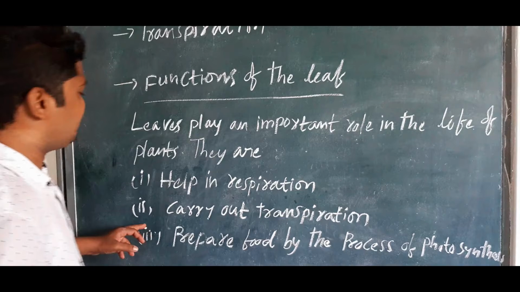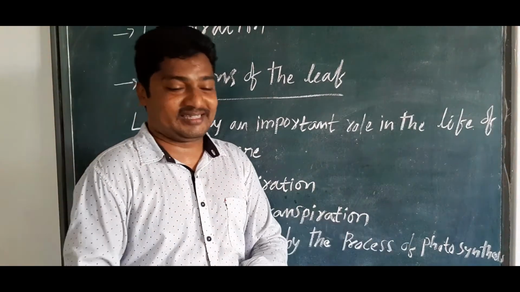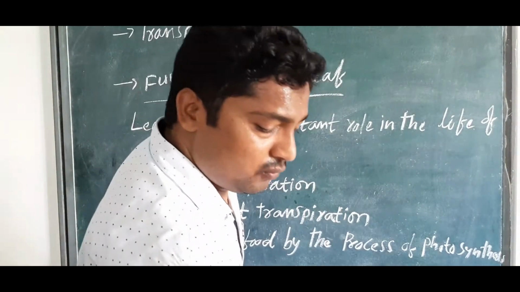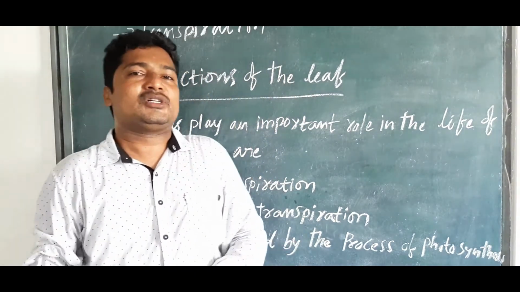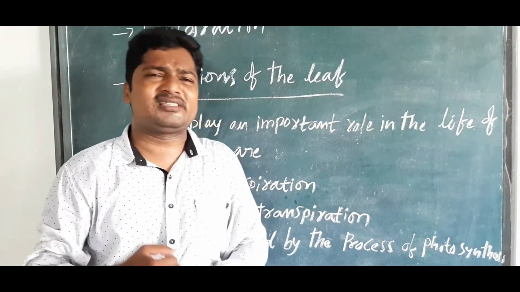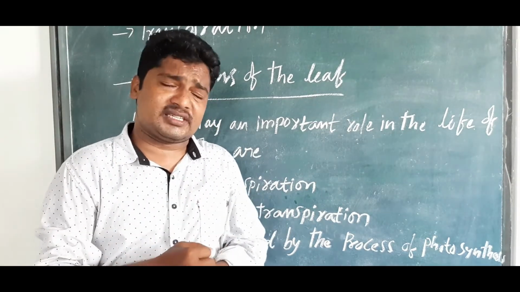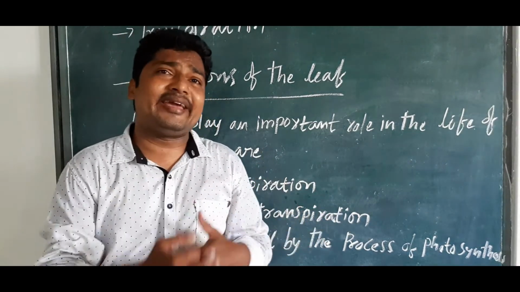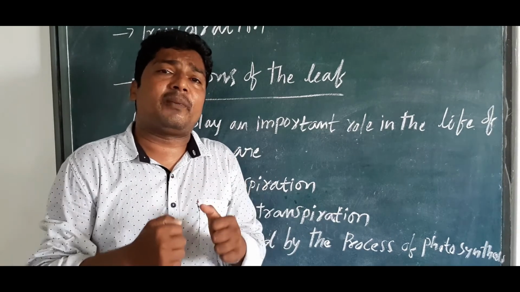And the next one: leaves prepare food by the process called photosynthesis. How many times do we talk about photosynthesis? We should know this process again and again, because it plays a very important role.